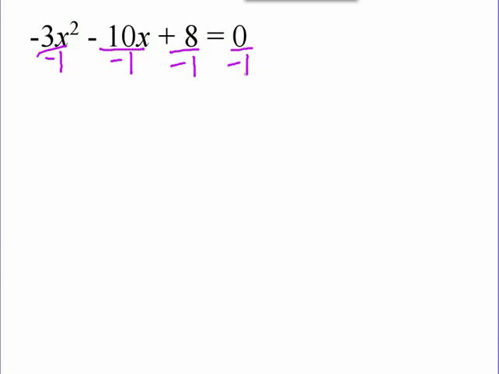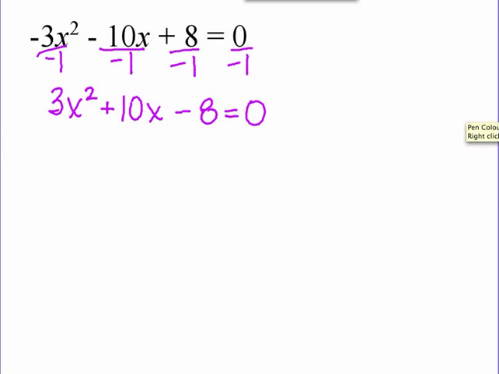And then that way, we've made the problem a lot easier to do. We don't have to worry about that negative. So if your lead term, and lead term means the first term or the x squared term, if that is negative, get rid of the negative sign. Okay. All right. First and last, what do you got? Two factors of 24 that differ by 10.